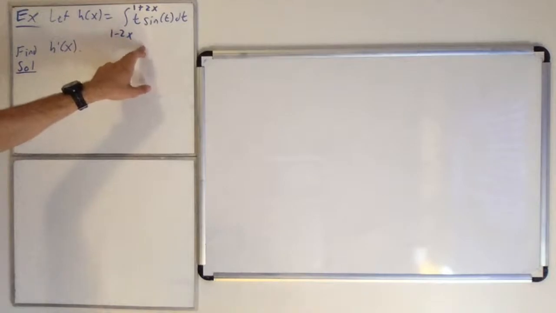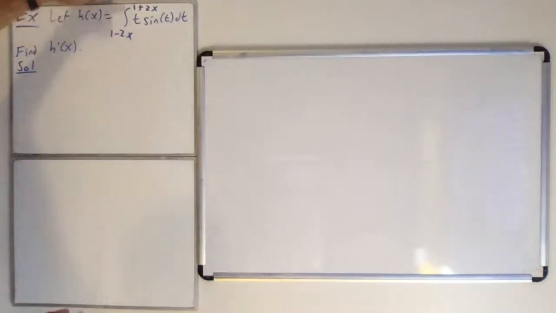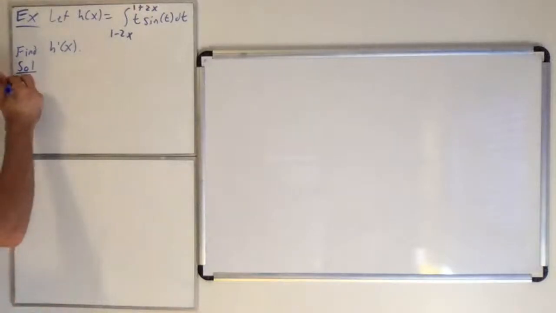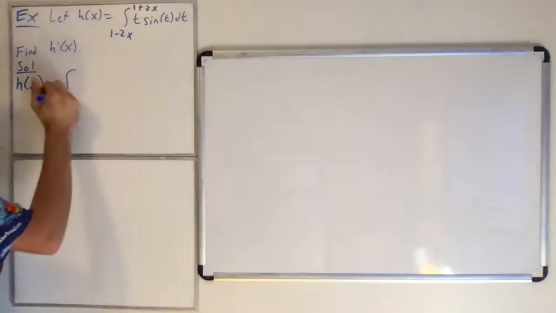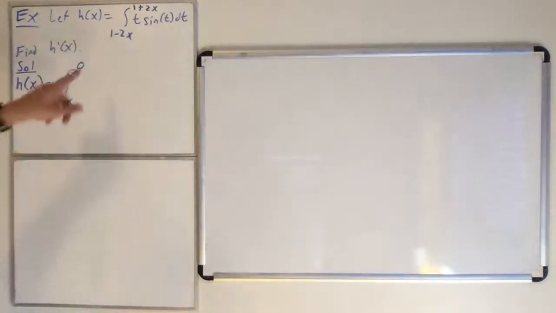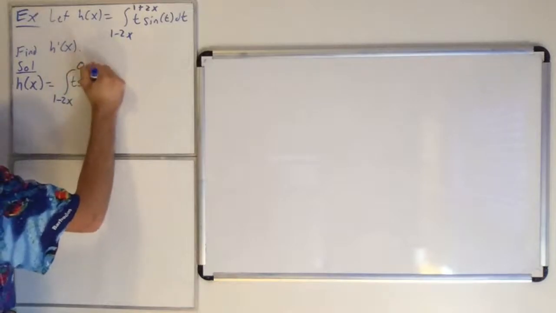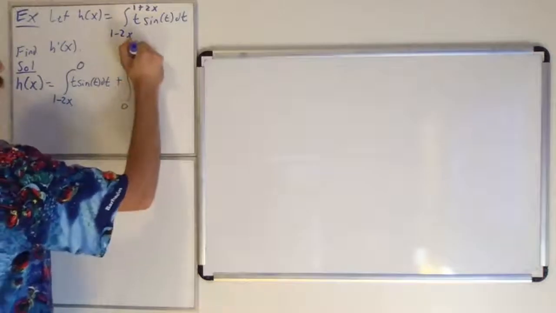Remember, we had an identity that said instead of taking the integral from here to here, we could stop somewhere along the way and break up our integral into 2 integrals. So we could rewrite h of x as the integral from 1 minus 2x to, let's say, 0. It doesn't matter which constant we pick here. We just have to pick a constant. Plus the integral from 0 to 1 plus 2x.